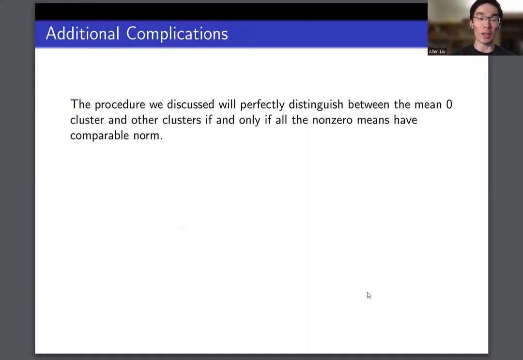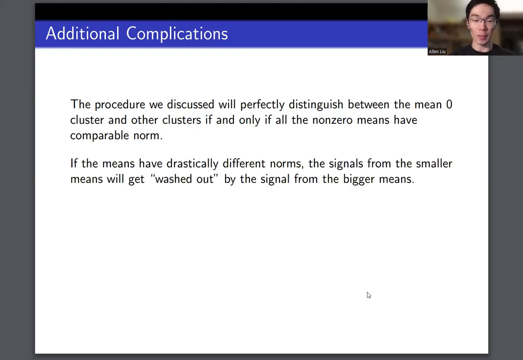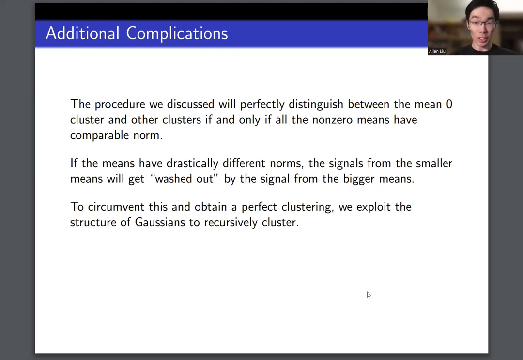There are several additional complications that arise when you actually try to do the full analysis. Due to time constraints, I'll not go over them too carefully here, but basically there are issues when the means are drastically different.